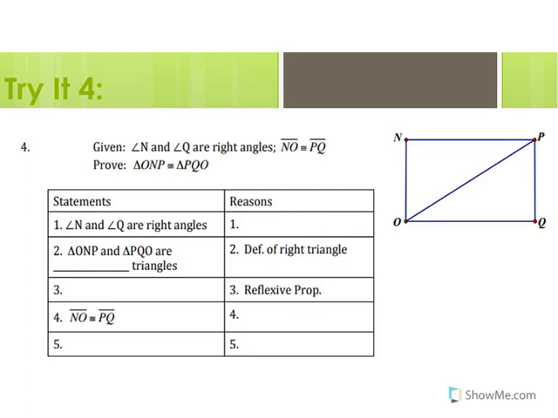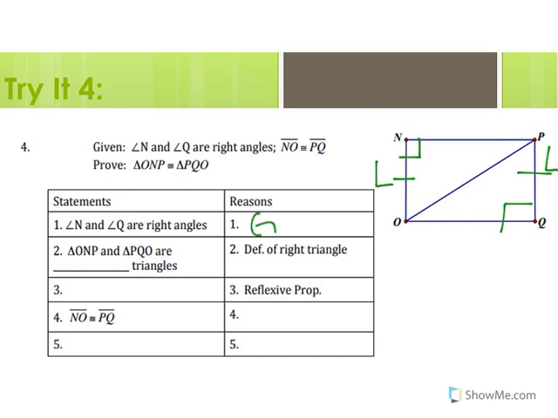Okay, example 4. Given angle N and angle Q are right angles, and we're given that segment NO is congruent to segment PQ. So this is a right triangle, so this is our leg and our leg, right?